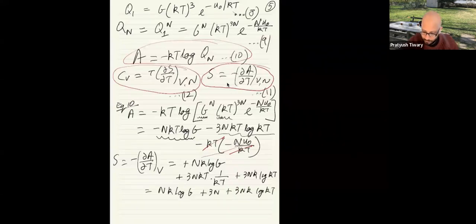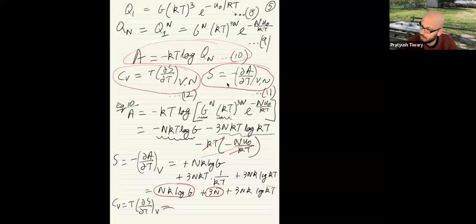Okay, almost there. In order to get heat capacity, we have to differentiate this with respect to temperature and then multiply by temperature, right? So we need T partial S by partial T at constant V. So this one does not depend on temperature, it's gone. This one does not depend on temperature.